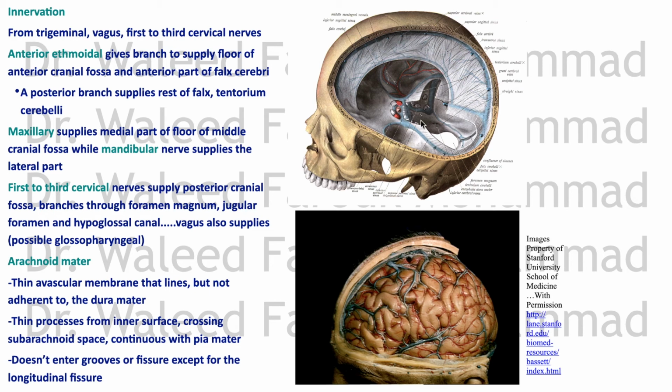Vagus shares the supply as well. Okay? So you have a totally different map here. This is all the anterior ethmoidal. This is the maxillary, mandibular, and the cervical nerves 1, 2, 3, plus the vagus for the posterior cranial fossa.